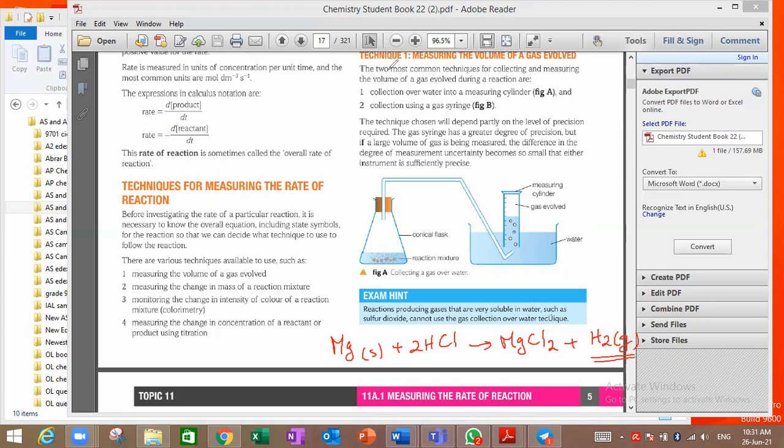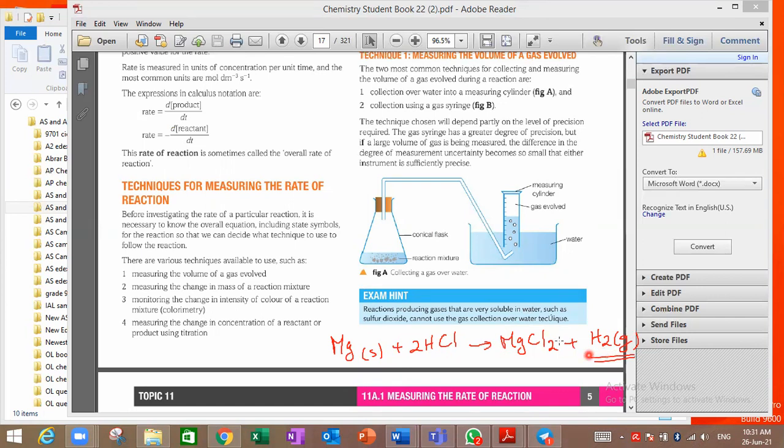It's a gas. So we said that whenever one of our products is in the form of a gas, then we can follow the rate of such a reaction by measuring the volume of hydrogen gas produced per time. For example, every half a minute or every 1 minute.